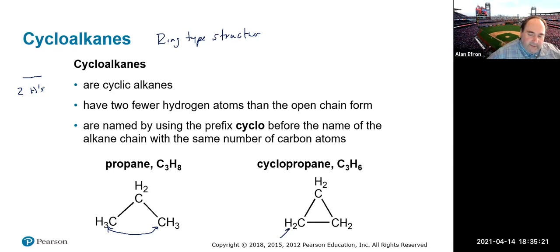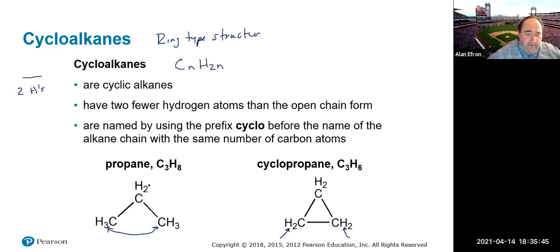Instead of 3 hydrogens here, he has 2. Instead of 3 hydrogens here, he has only 2. That's because we need to get rid of a hydrogen on each carbon to make room for that bond to form. Otherwise, we would have too many bonds to carbon. So cycloalkanes actually have the formula CnH2n.